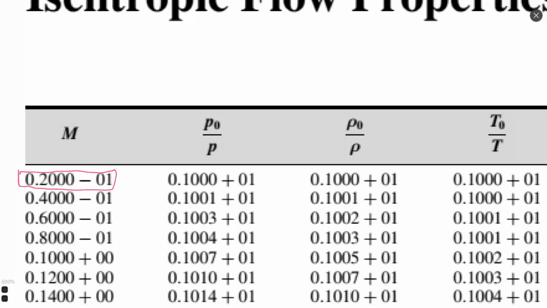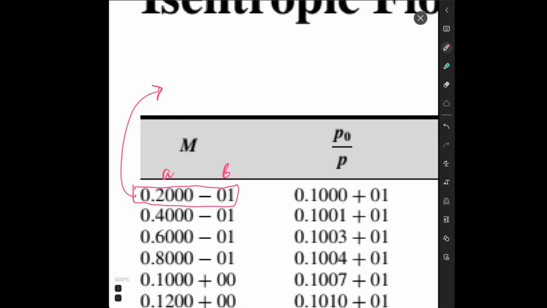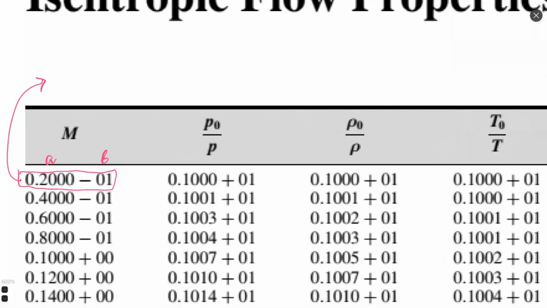Let's have A. This is value A, and second is value B. So how to interpret this value is, sorry, just a moment, I have one problem here. Okay, looks like it's recovered.